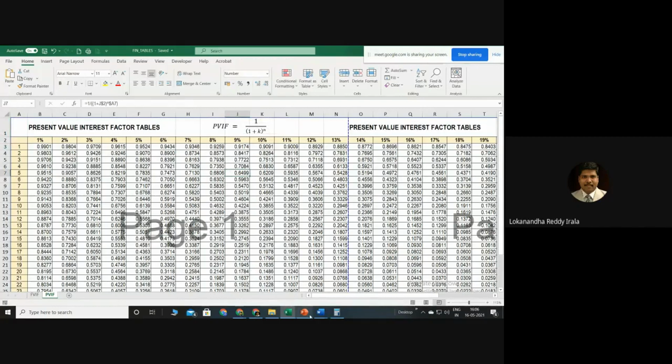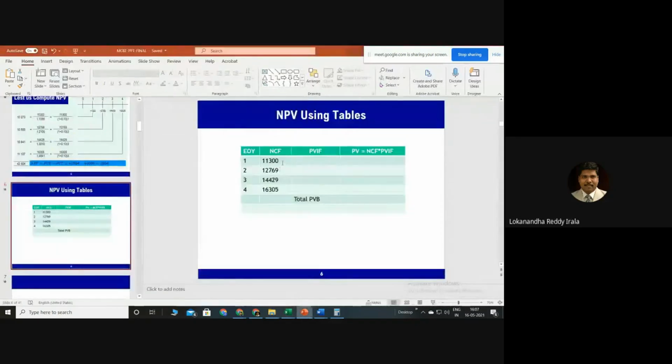So what we normally do is take the amount aside and only keep the interest factor into account. For example, let us say these are our future values. For these future values I'll have to find out the present values. Now we know that our percentage is 10%.